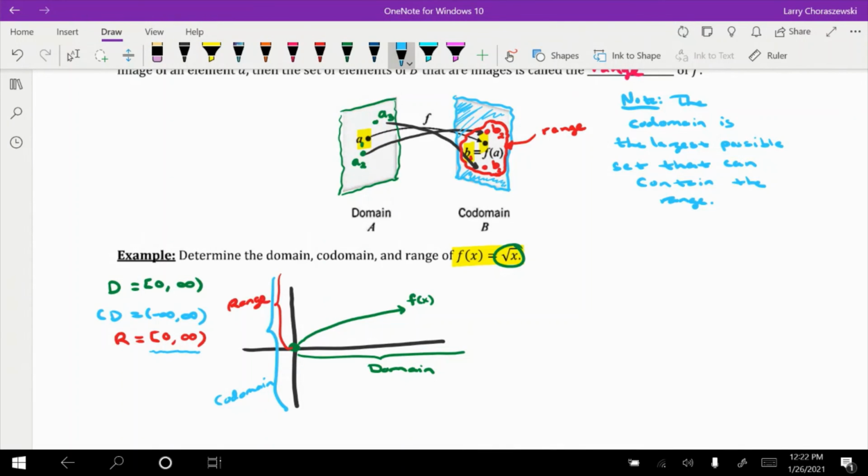In other cases, the function will assign values to everything in the codomain, in which case they're equal to each other. But again, just think of the codomain as the largest possible set that can contain the range. So for instance, for 0 to infinity, the largest set of numbers that contains that, excluding any imaginaries, would be all real numbers, negative infinity to positive infinity.